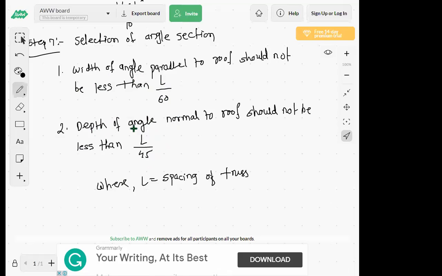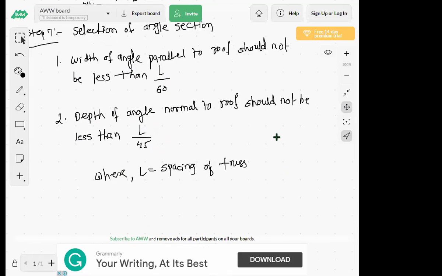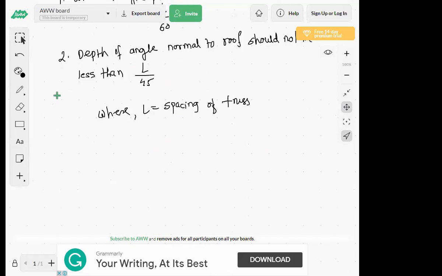So in this way we can calculate the depth and width of the angle section. Are you getting? Here L is the spacing of truss, because your purlin is resting on the truss. So we are using the length as the spacing between the trusses. So this is step number 7.